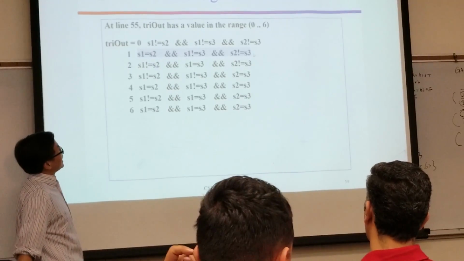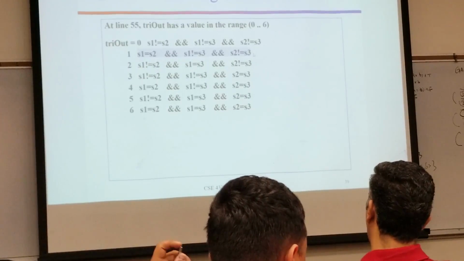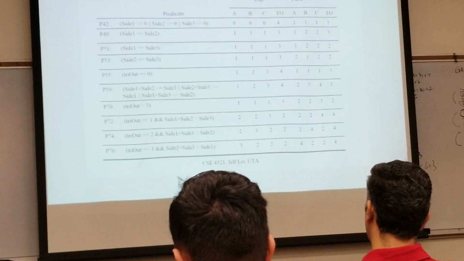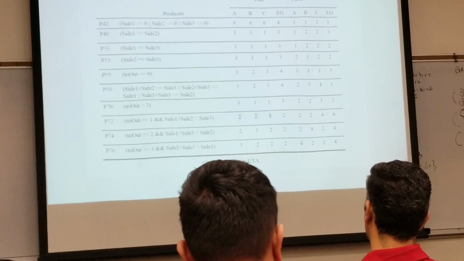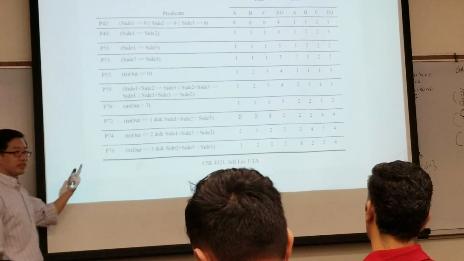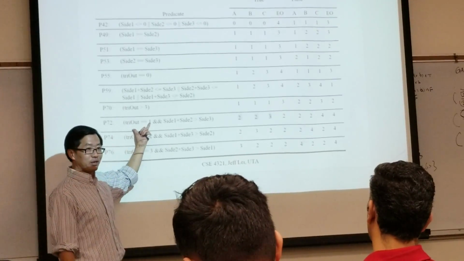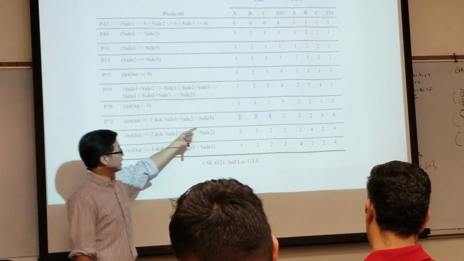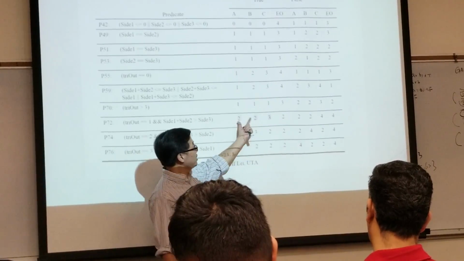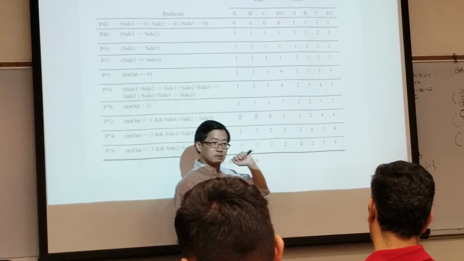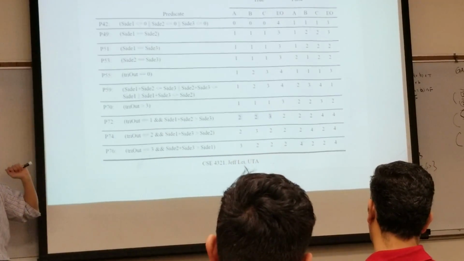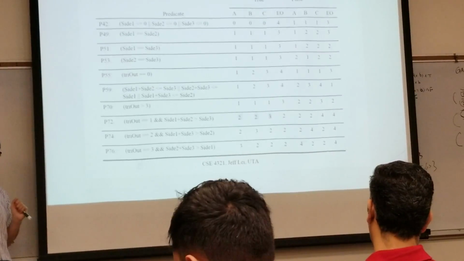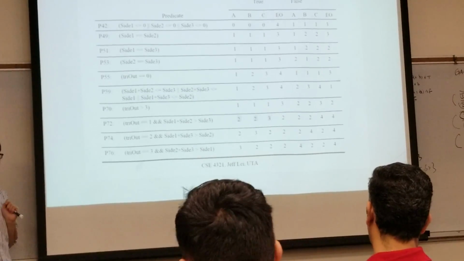It means S1 has to be the same as S2, but they cannot be the same as S3. So there are additional constraints that you have to consider when you apply predicate testing to programs.